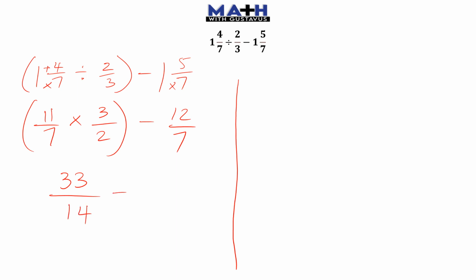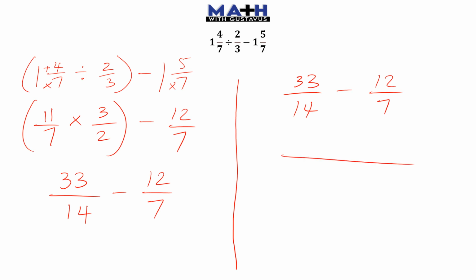Then we're going to subtract that from 12/7. Now the problem is down to a subtraction problem. Remember now that when we're subtracting, we need to find a common denominator. Now we need to find the LCM of 14 and 7. Now the LCM of 14 and 7 is 14 itself. Let's divide 14 into 14.